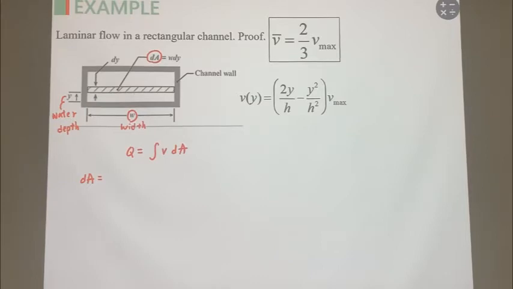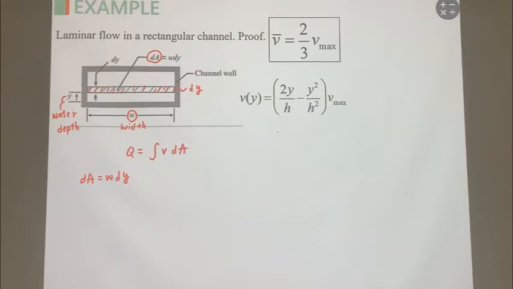The width is always constant, and we have a small water depth change, so there is dy. So dA is the width multiplied by the small change along the water depth. This is the cross-section area, but just one small piece. dA can be represented by width multiplied by dy.